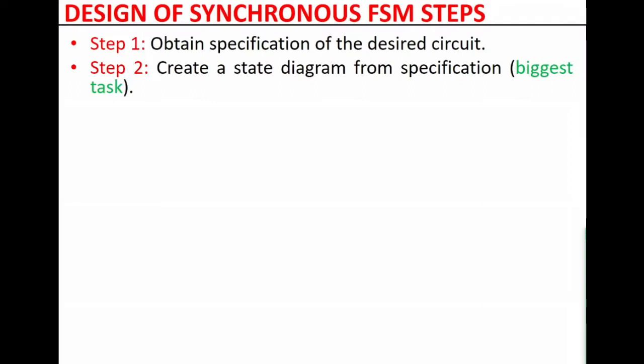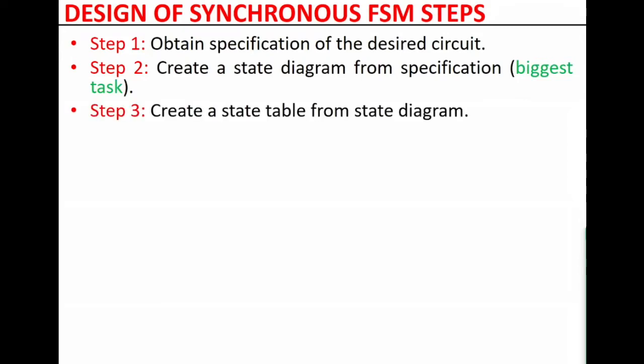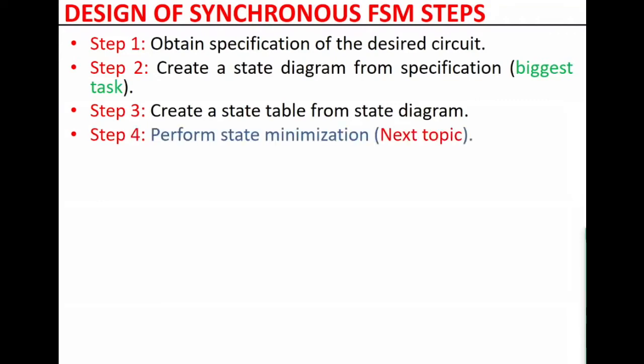That is the most difficult task. That is where the brain is used. The rest is following procedure. The problem is, if you fail there, everything down there is a 0 or just a 1 minor mark. That is the problem with designing. So you can create a state table from the state diagram or use whichever you want.